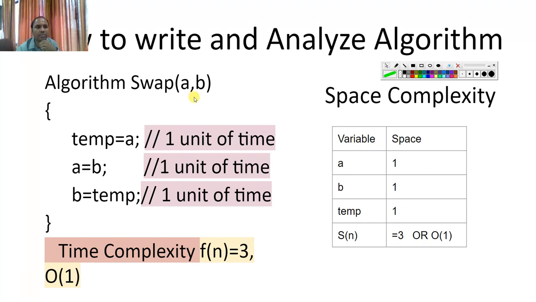Our assumption is that per statement it takes a unit amount of time. It is not a program, so we are not supposed to write down exactly how much time it is going to take. It is an algorithm. That's why our assumption is that each simple statement will take 1 unit of time.